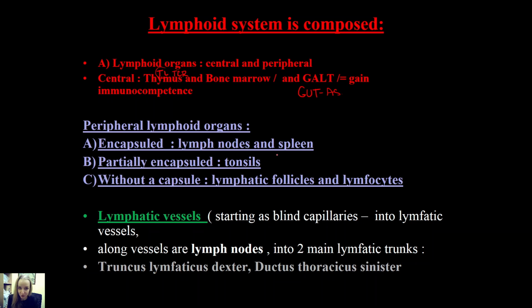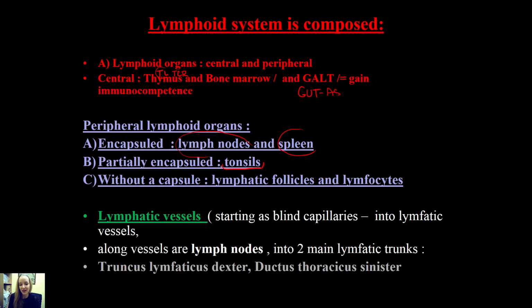They are encapsulated, so they have a capsule around them. Then we differentiate partially encapsulated organs such as tonsils. So they have a capsule only on some side. They are not encapsulated completely, so only partially encapsulated organs.